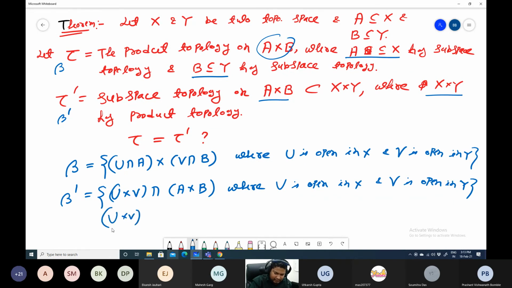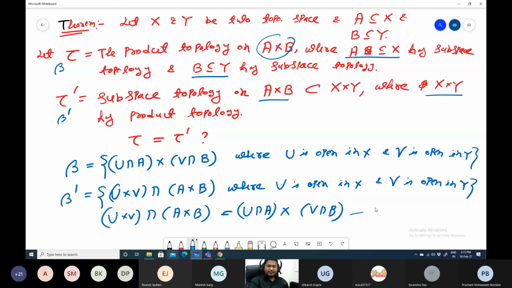U cross V intersection A cross B is the same as U intersection A cross V intersection B. So these two are the same element. So tau equals tau dash.